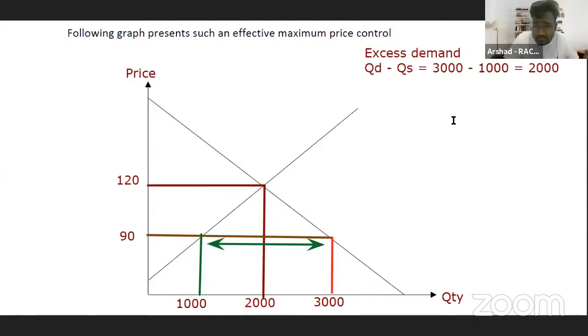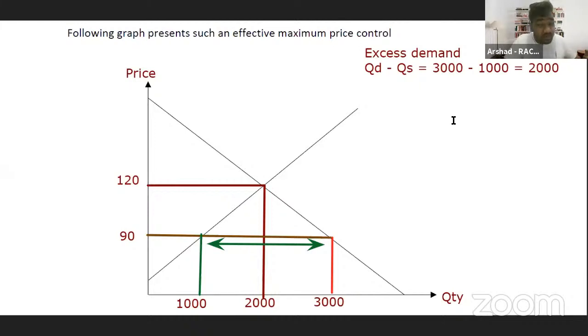Now, based on this, what do you think happens in the market, guys? Think of the situation that is happening in the market. 3,000 people are going, right, to buy coconuts. Only 1,000 coconuts are there. There is a shortage, right? What do you think people would do now? What do you think the sellers who are cunning, what would they try to do?